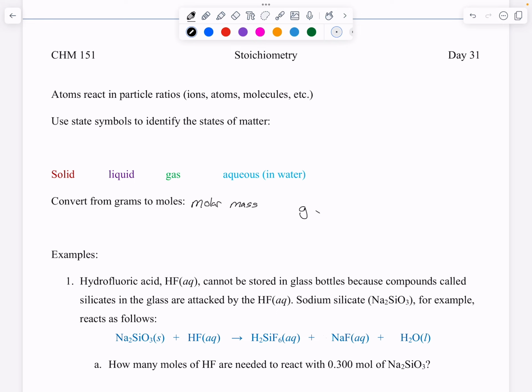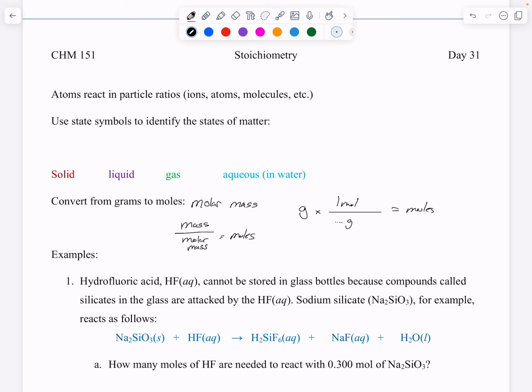Remember, grams times 1 mole over however many grams gives you moles. So mass divided by molar mass gives us moles.